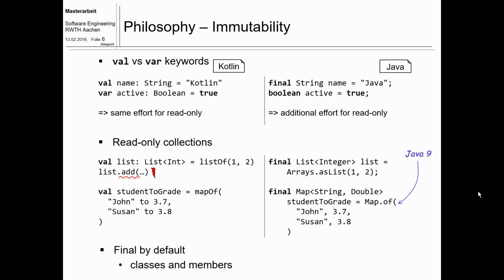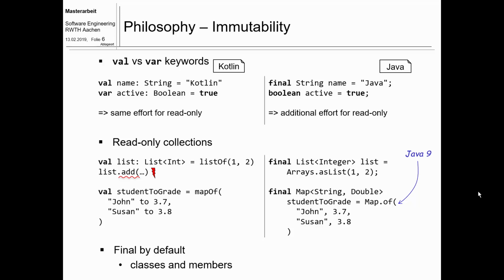At least if you're using pure Kotlin code, there's always a way to break this when you're interoperating with Java, because the read-only list from Kotlin has to map to some Java type, and because Java doesn't differentiate, it basically just maps to a normal Java list, which becomes mutable again.